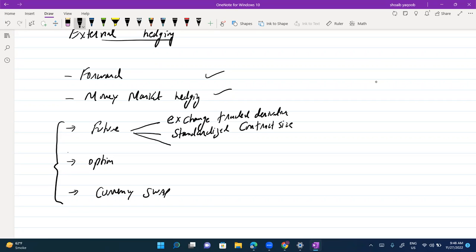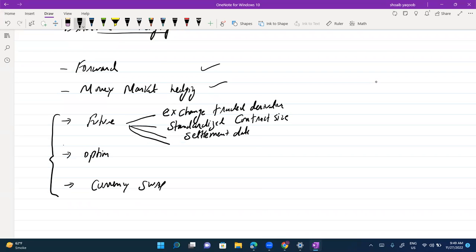Fixed settlement dates, normally March, June, September, and December. You can only buy whole number of contracts. पॉइंट्स में कॉन्ट्रैक्ट नहीं बाय कर सकते, पूरा कॉन्ट्रैक्ट बाय करना होगा, होल नंबर ऑफ कॉन्ट्रैक्ट्स.